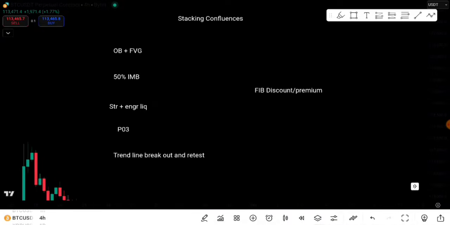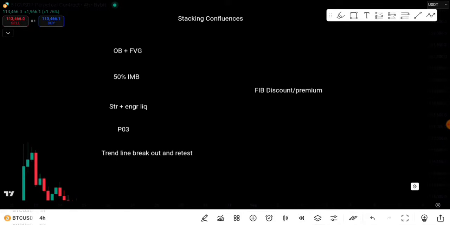Because if you combine everything together, you might not be able to look at power of 3, spot structural and engineered liquidity, look for imbalance, spot internal to external range liquidity, and catch a valid POI, a valid OB that has swept liquidity and has an FVG. So you can write down all the confluences you would see to be able to take a valid SMC setup.